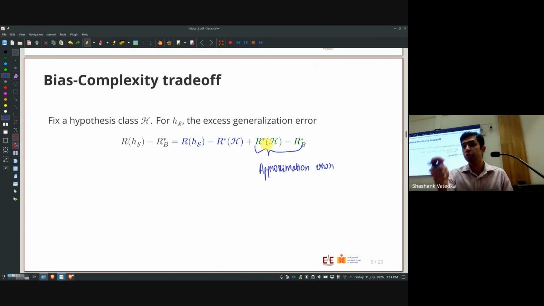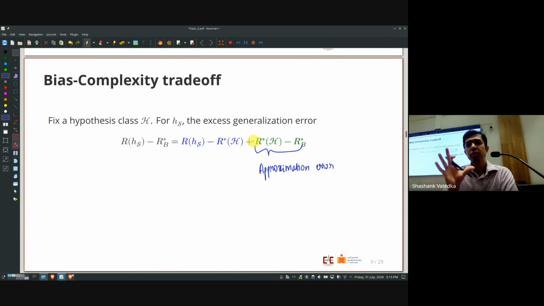Even choosing H is a design choice that you have to make. If you choose a neural network with some particular number of neurons and a certain number of layers, it can generate only so many functions. It can't generate any function. And that is the excess risk that you have to pay for choosing that particular H.